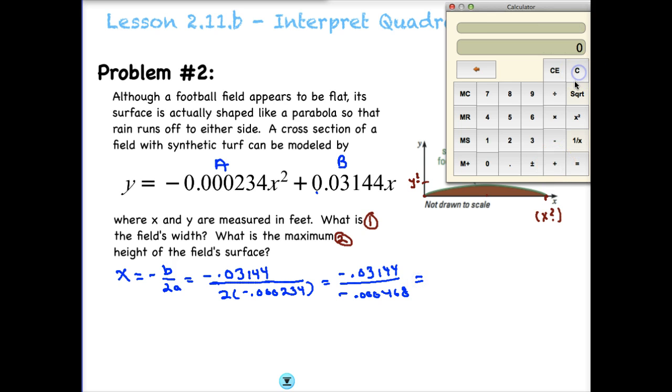Now let's go ahead and divide those. 0.03144 divided by 0.000468 gives us approximately 67.18 feet.